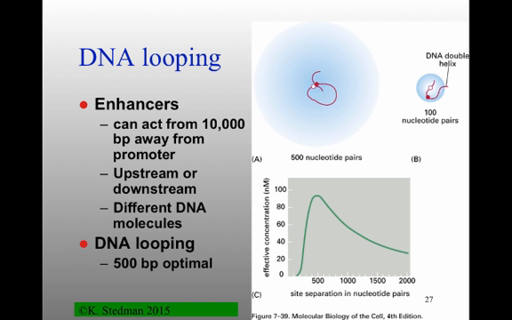DNA looping has to do with how enhancers can act on proteins that are bound at promoters. And one of the really neat things that was found out about enhancers, now an enhancer is a sequence of DNA which binds to an enhancer binding protein. And those enhancers are really interesting because they can actually be present tens of thousands of base pairs away from the promoter.